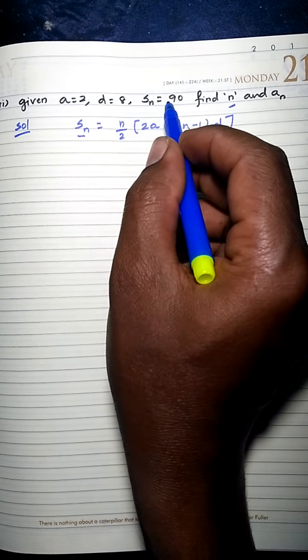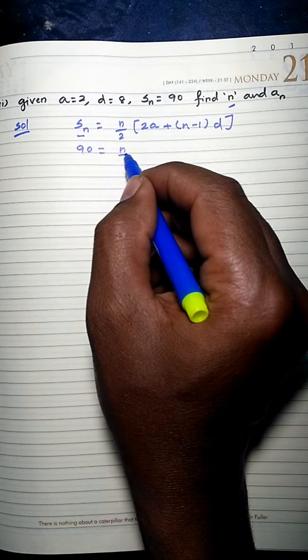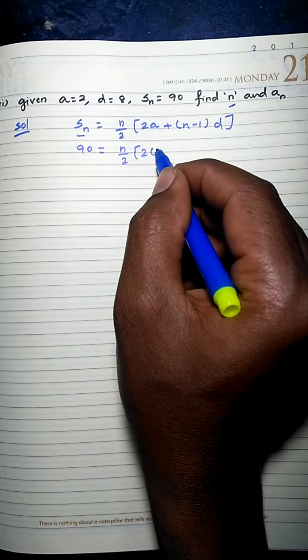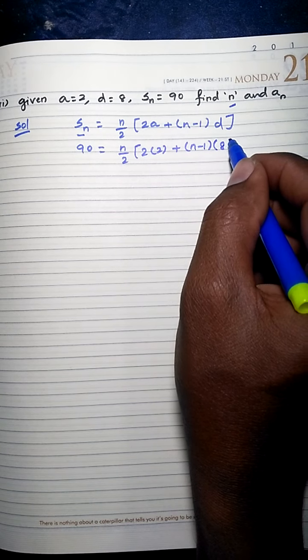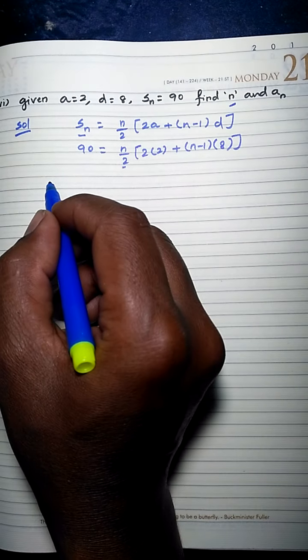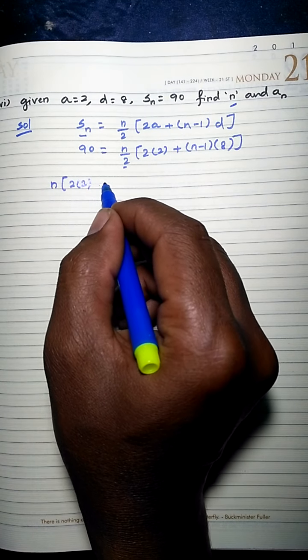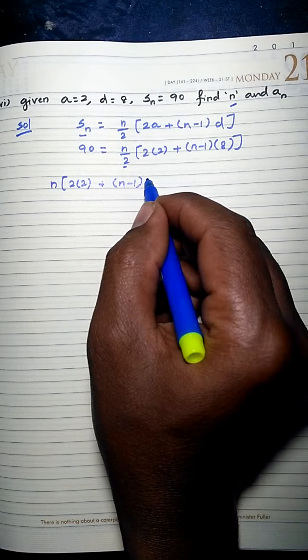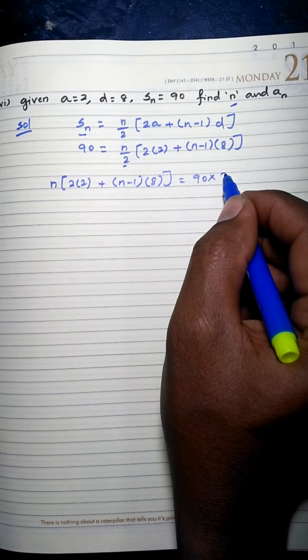So Sn is given 90. You can take here 90 equal to n by 2, we don't know n, 2a value 2 plus n minus 1 into d value 8. Take this division opposite, it comes to multiplication. So n into 2 into 2 plus n minus 1 into 8 equal to 90 into 2.